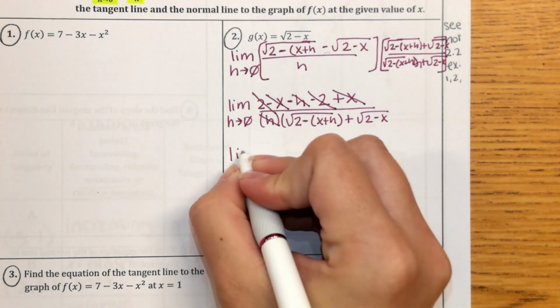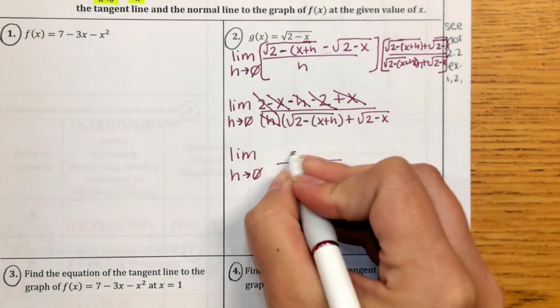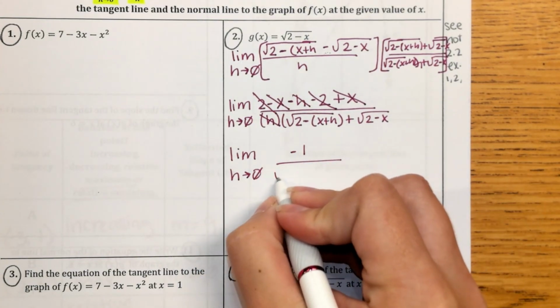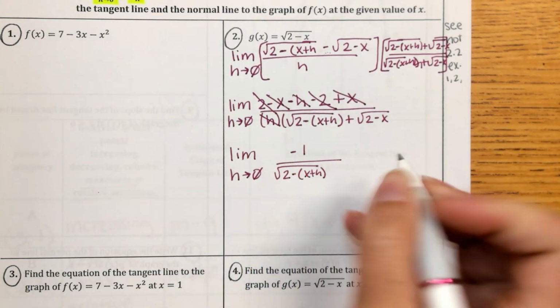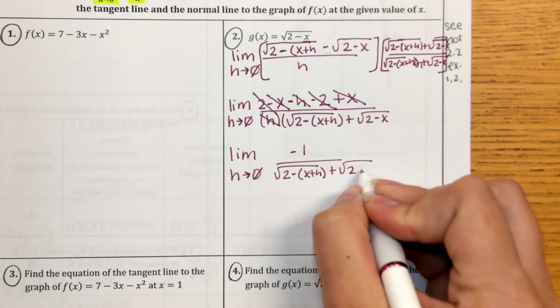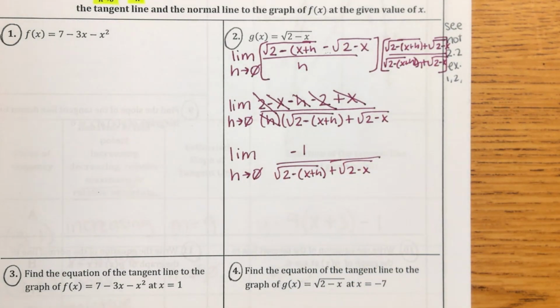So now let's go ahead and write our next line. I have negative 1 over the square root of 2 minus x plus h plus the square root of 2 minus x. Our next step, now that we've eliminated that h we were dividing by, is to go ahead and plug in our 0.